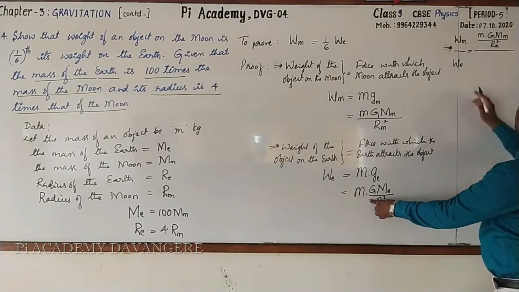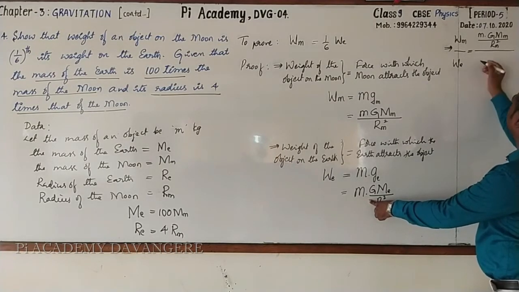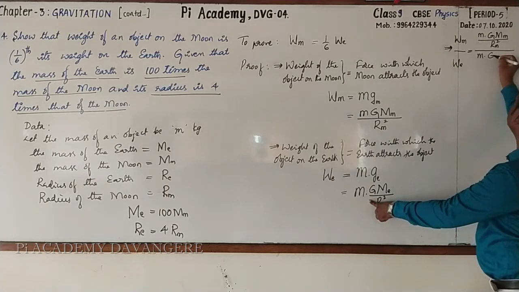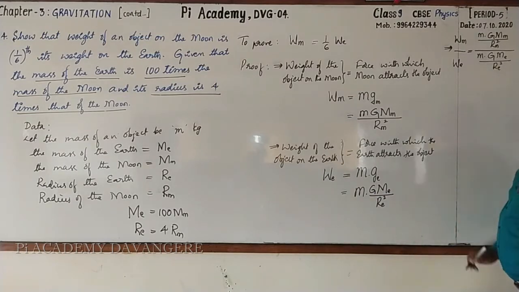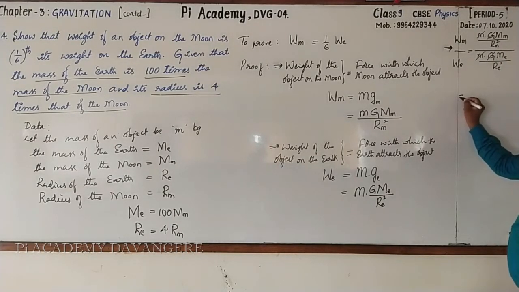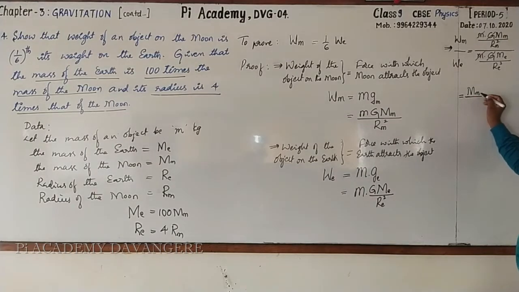Next, by the weight of the object on the surface of the earth, it is m into G Me by Re square. Followed? Now G gets cancelled. This is equal to, here I am writing, it is mass of the moon by radius of the moon square, into, take the reciprocal of the denominator, Re square by Me.